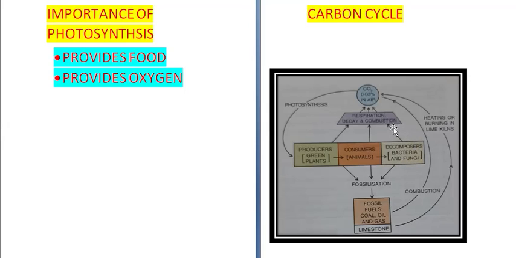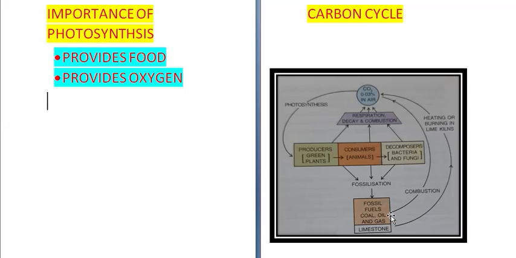When fuel such as wood or fossil fuel like coal, petroleum or natural gas is burnt, carbon contained in it is oxidized to carbon dioxide, which is given back into the atmosphere. Heating limestone: a certain amount of carbon dioxide is released into the atmosphere by burning of limestone in lime kilns.